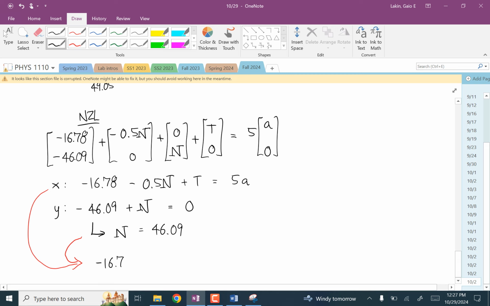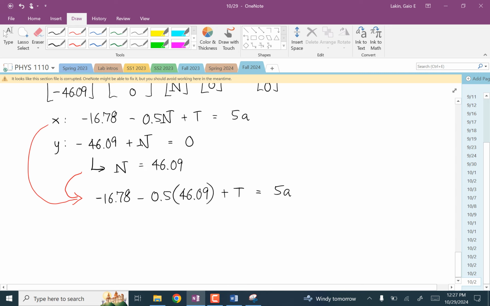Negative 16.78 minus 0.5 times 46.09 plus T is equal to 5a. And I'll rewrite that as negative 39.825 plus T is equal to 5a.